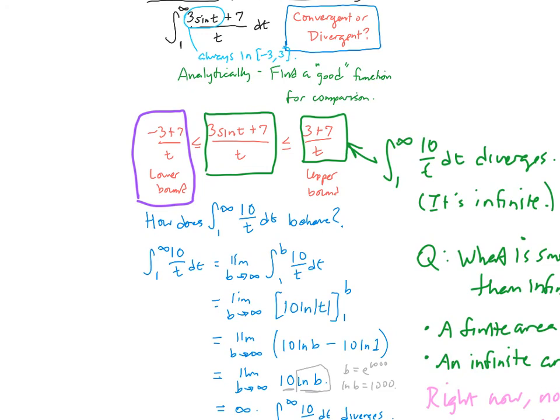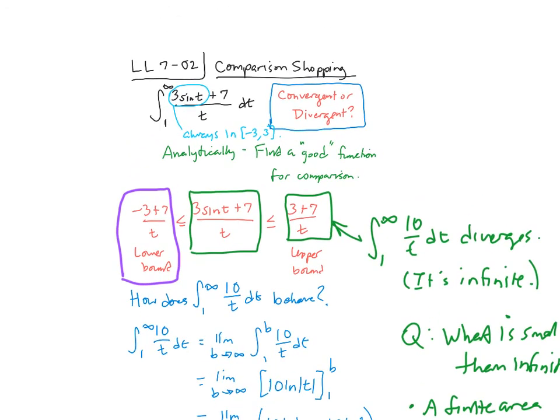Anyway, my major point was here. We started out this video by looking at this integral here. In order to be able to say definitively whether that integral converges or diverges, we had to make a favorable comparison. We looked at this function and we compared it to a function that's a constant over t.